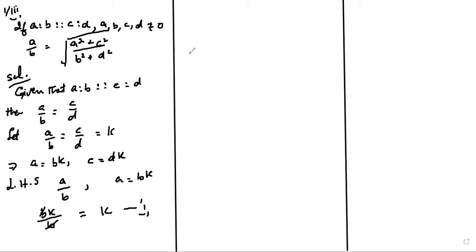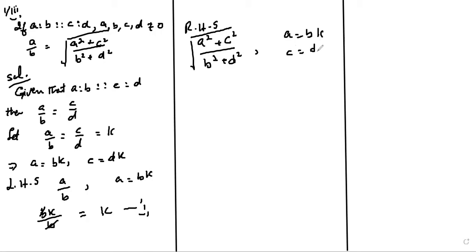Now the right hand side. Right hand side we have the square root of A square plus C square divided by B square plus D square. Now we have A equals BK and C equals DK. So replacing the values, we have B square K square plus D square K square in the numerator, and the denominator is the same, B square plus D square, all under the root.